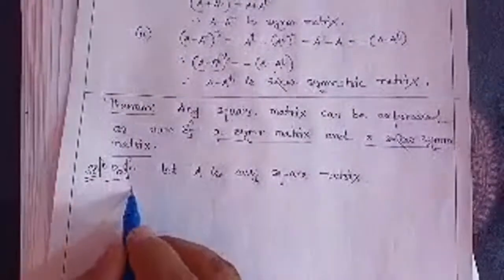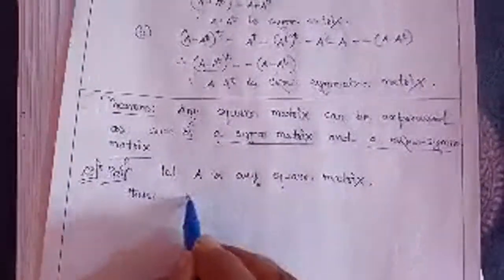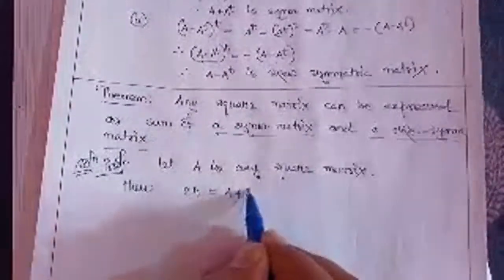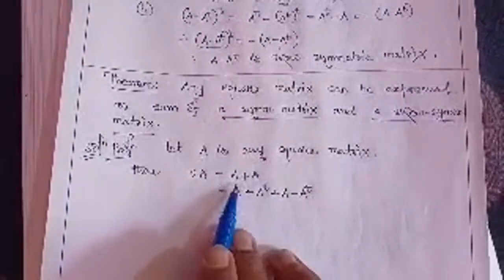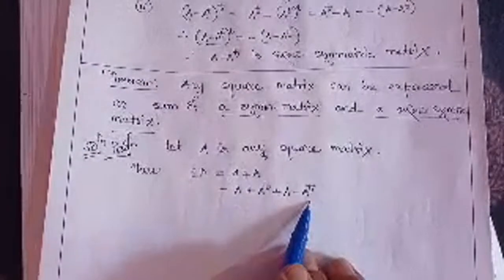Then 2A means 2 times A, means A plus A. After that we will write A plus A transpose plus A minus A transpose. Can I write it? A transpose extra I have taken, I have subtracted here.